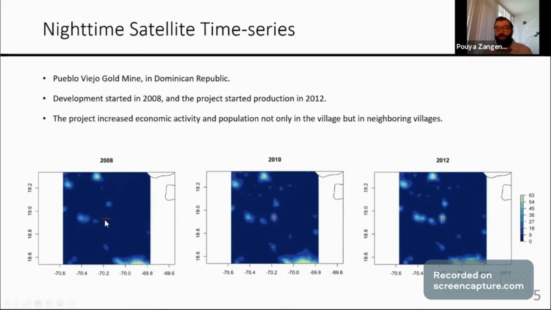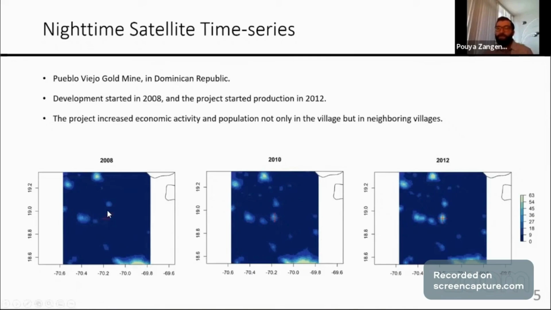The red cross marks the site of a very remote mine that went through an intensive expansion from 2008 to 2012. And we saw that not only the location of the mine got lit, but also some of the cities surrounding that position.